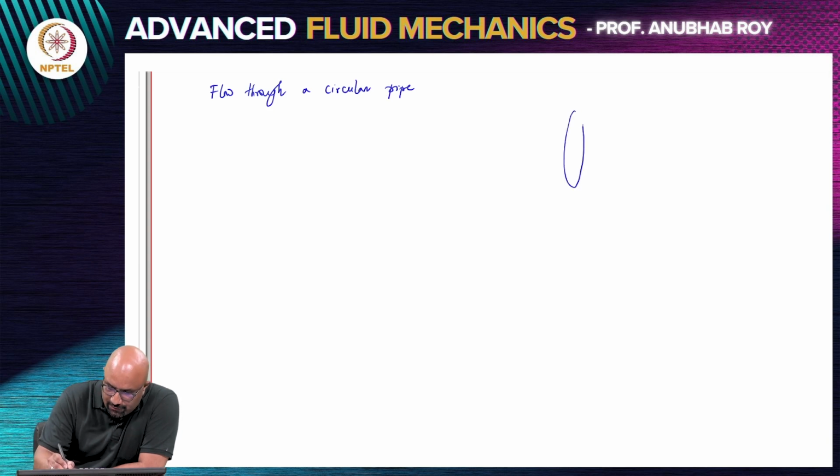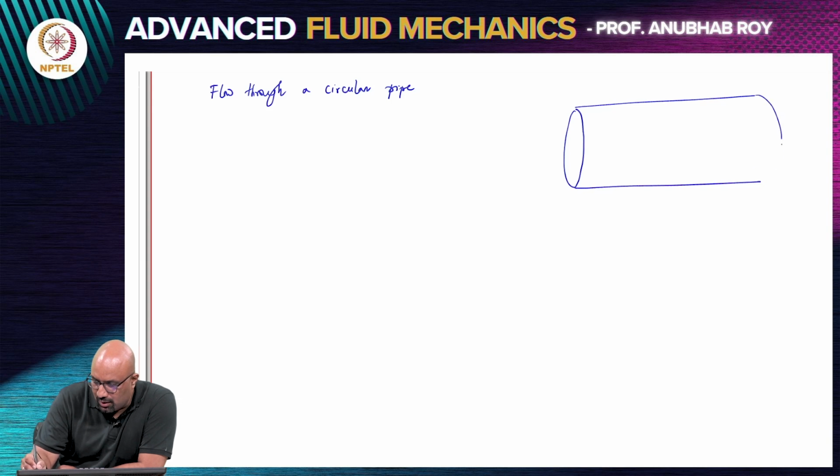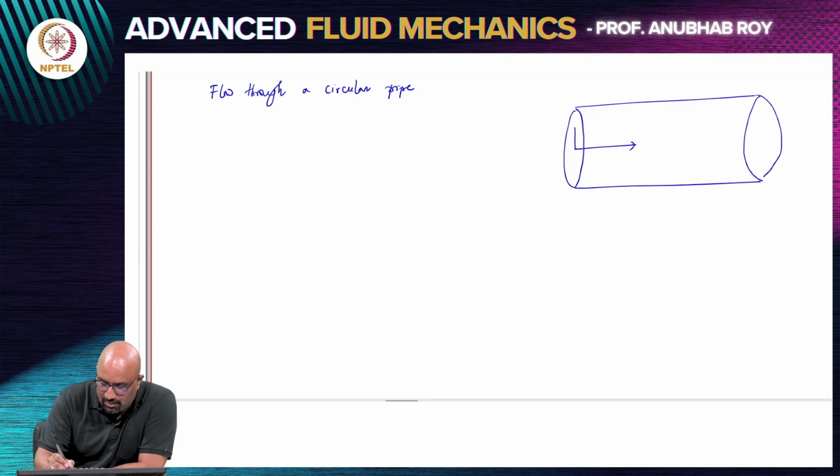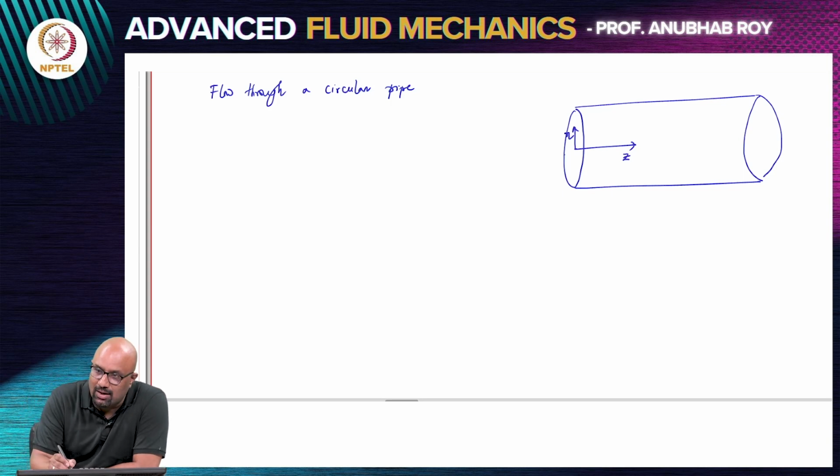So we have looked at the channel flow problem where there was fluid entering from one of the inlets and exiting from an outlet. If we maintain a pressure drop, that drives a flow. So right now we would instead have a pipe which has a circular cross section, and we would have the same driving mechanism.